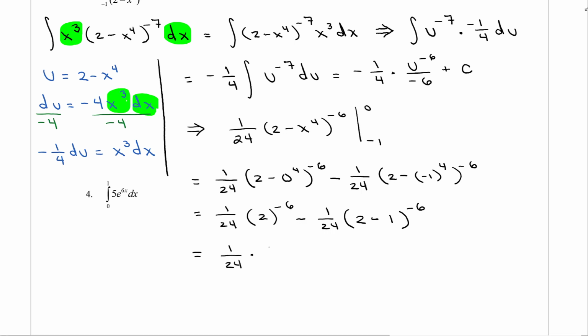This will be equal to 1/24 times 1/2 to the 6th power minus 1/24 times 1 raised to the negative 6th power. And this will be equal to 1/24 times 2 raised to the 6th power. And then from that, we're going to subtract the fraction 1/24. And then that 1/24 was being multiplied with 1 to the negative 6, but 1 to the negative 6th power is just a 1.